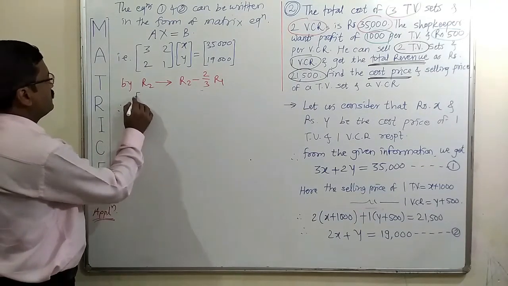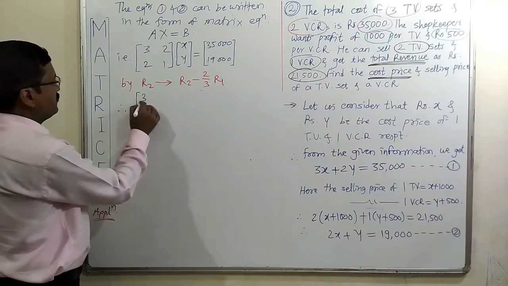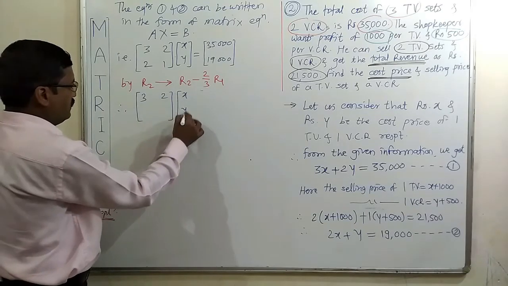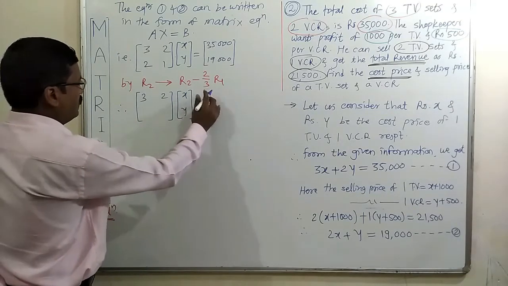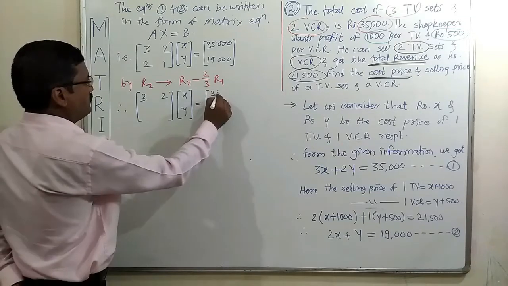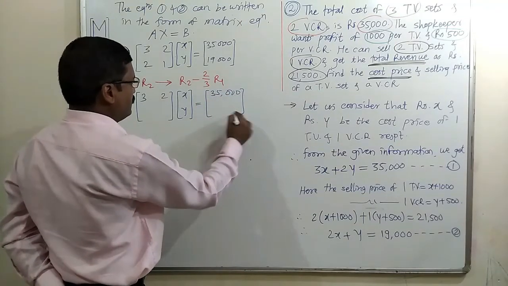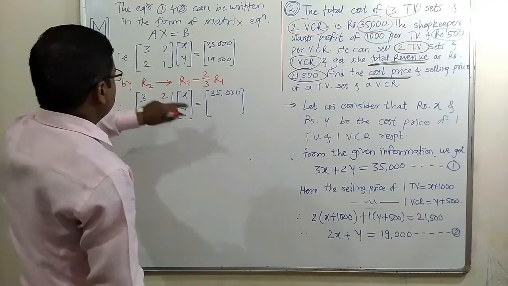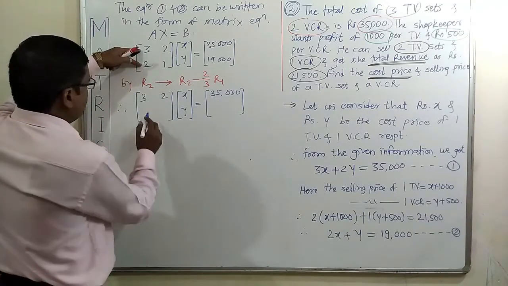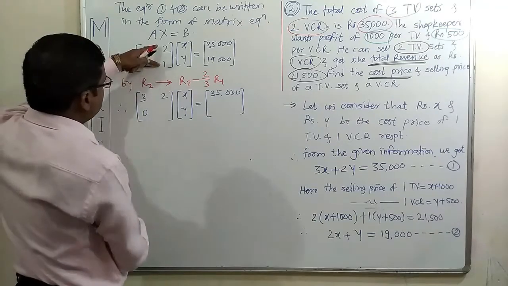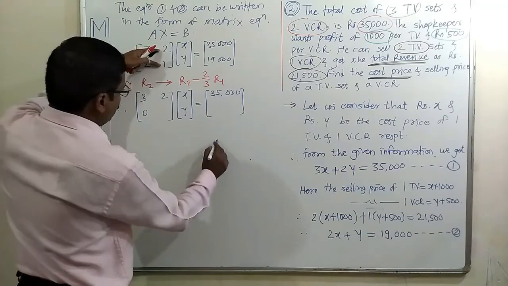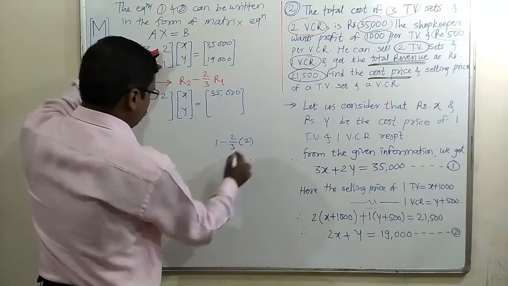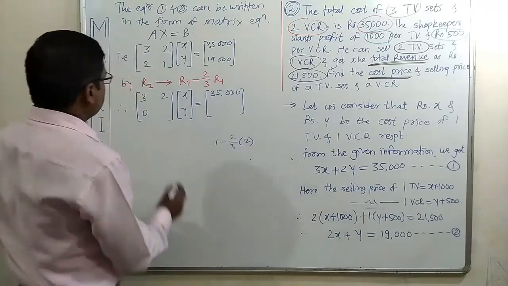Therefore, R1 is 3, 2, in the second matrix x, y, equal to, here R1 is 35,000. Now let us take this 2 minus 2, that is 0. This minus twice of, means 1 minus 2/3 of 2, that will be minus 1/3.